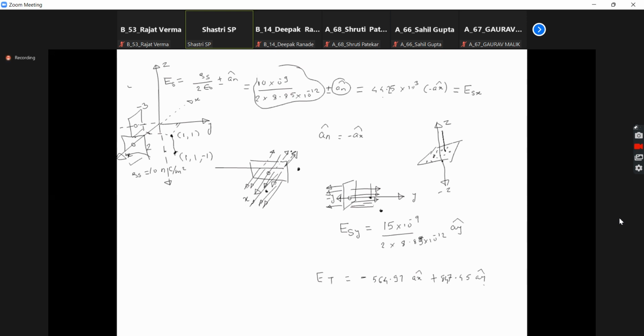So one will be going upside, along the positive z axis, and the other will be going downside, along minus z. Any field heading upside is az cap, and any field heading downside is minus az cap.